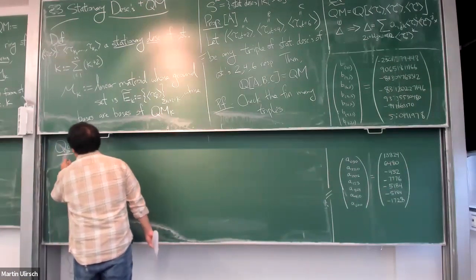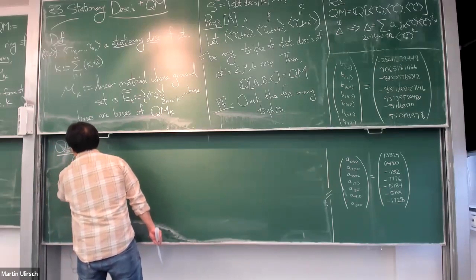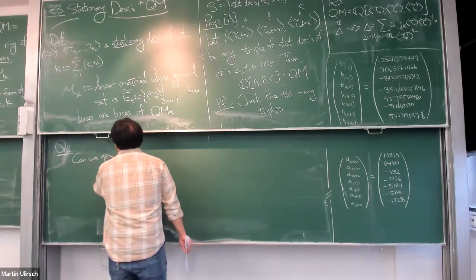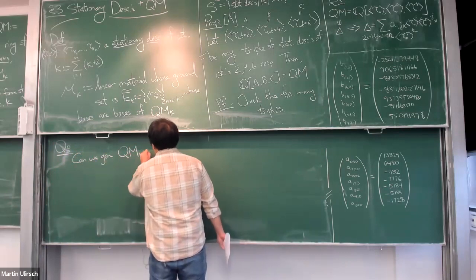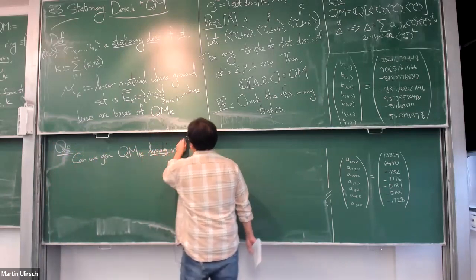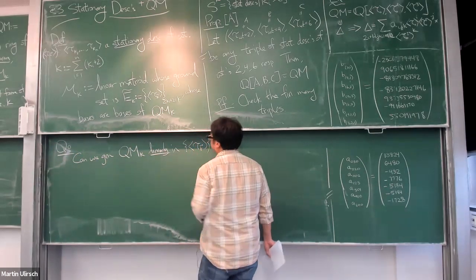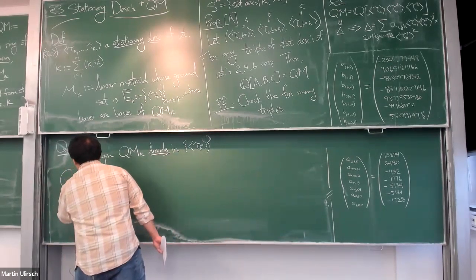What I'm really trying to say is, is it true? So can we generate the quasi-modular forms of weight k linearly in the stationary descendants? And that's actually a conjecture.